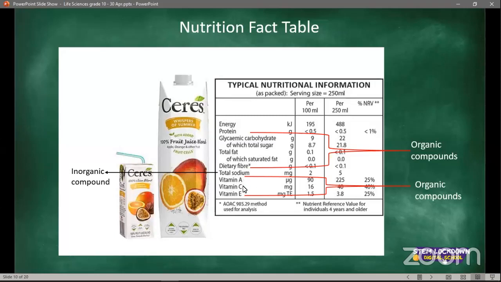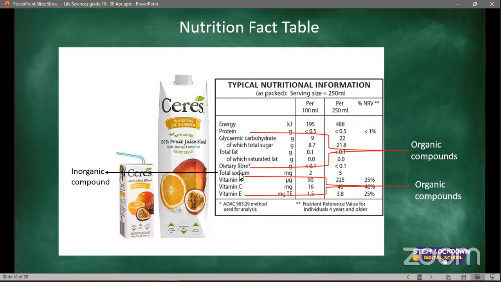These are vitamin A, C, and E. We said examples of organic compounds are your carbohydrates, proteins, lipids, fats, etc. So we see here proteins, carbohydrates, fats, and fiber. Those fall under organic compounds on this nutritional information for the juice.